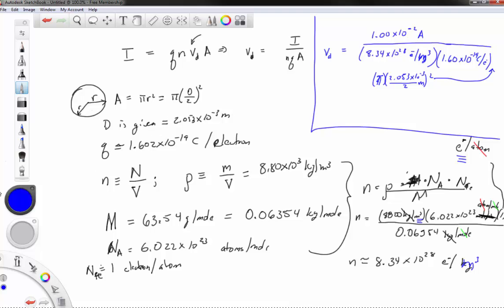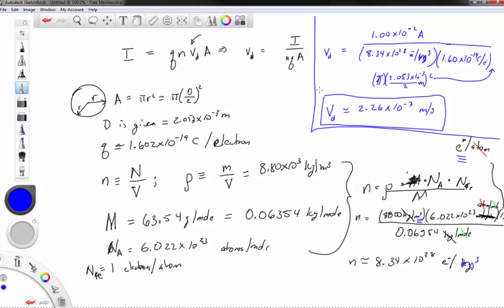So throw all of that into our calculator, and what we're going to end up with is, by the time all is said and done, a drift speed of about 2.26 times 10 to the minus 7 meters per second, which is very lethargically slow if you think about it.